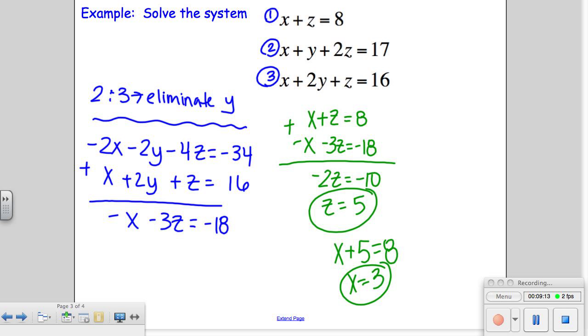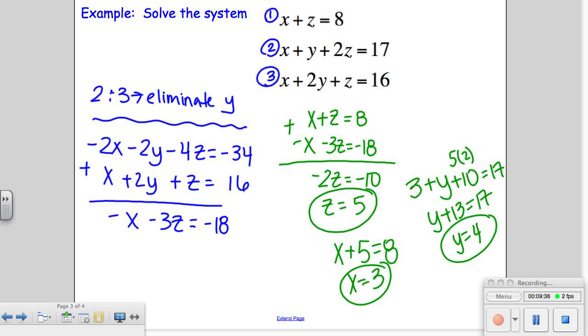So I'm going to use the second equation, and I'm going to have 3, because that's x, plus y, plus 10 when I multiply 5 times 2, 5 times z, equals 17. So y plus 13 is 17. And y is going to be 4. So my solution is 3, 4, 5.